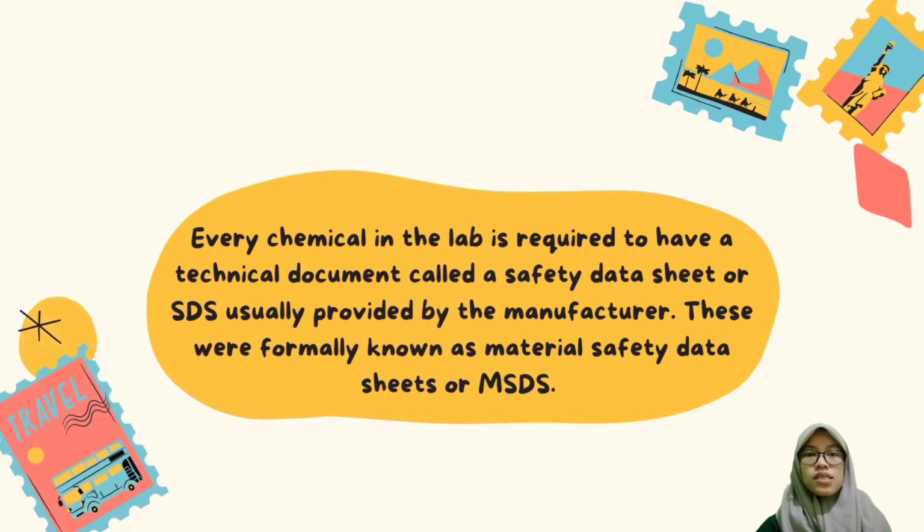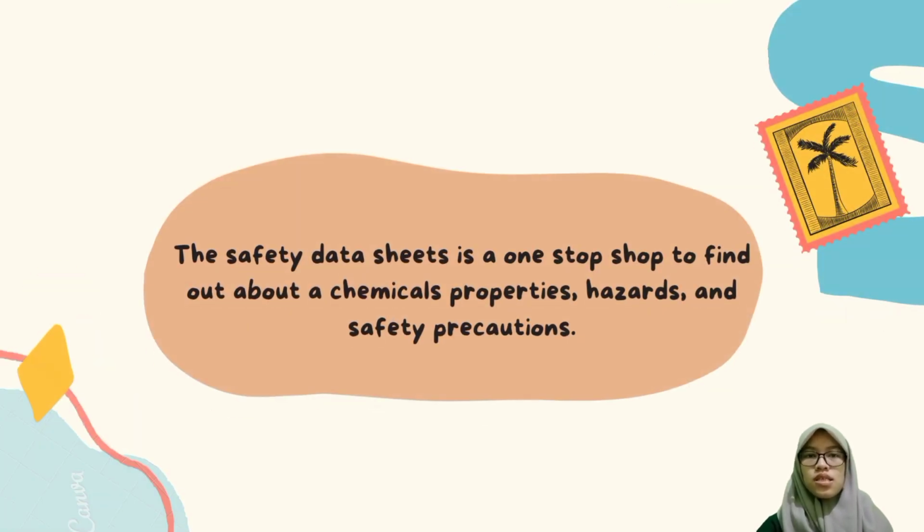Every chemical in the lab is required to have a technical document called a safety datasheet, or SDS, usually provided by the manufacturer. These were formerly known as Material Safety Datasheets, or MSDS. The safety datasheet is a one-stop shop to find out about a chemical's properties, hazards, and safety precautions.